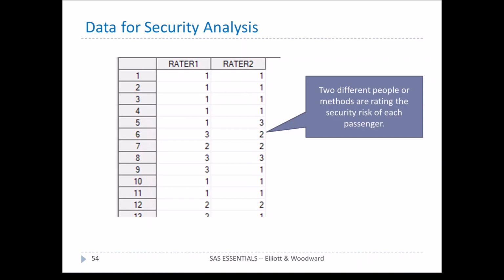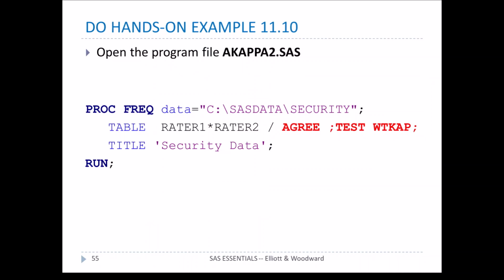Now the first several are all rated 1. However, number 5, rater 1 rates it a no threat, but rater 2 rates it as a threat. So here we have a difference. So we're interested in knowing how these two rating systems differ, if they're consistent or maybe not consistent.